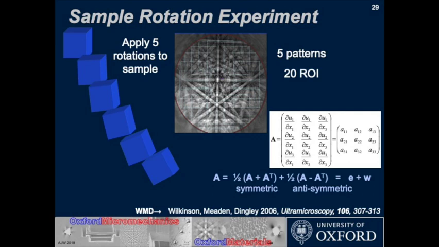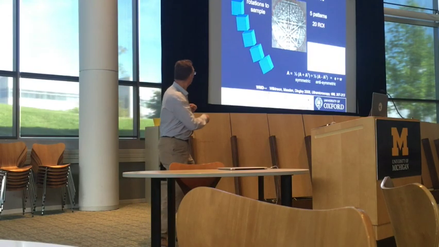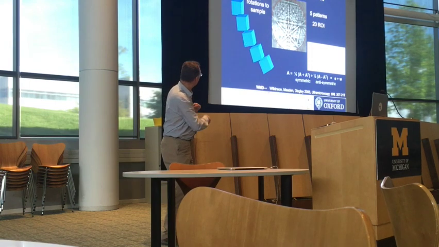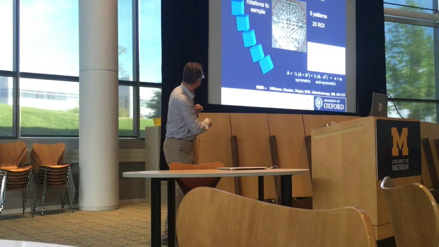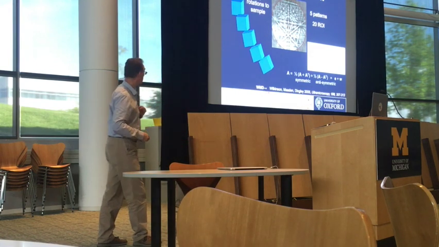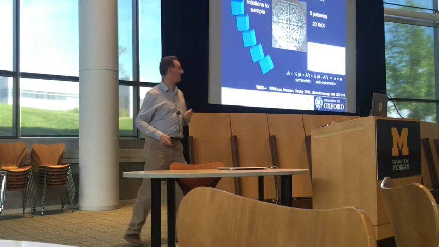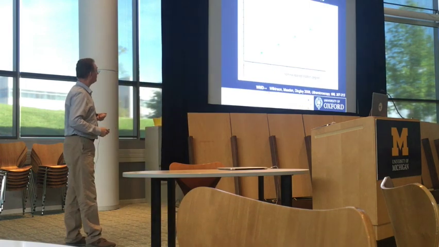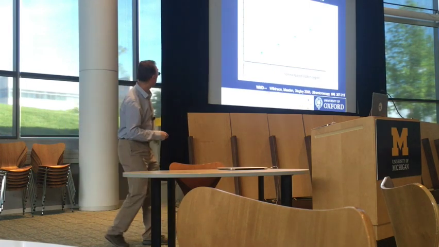I will apply small rotations that are on the limit, or possibly a little bit below the limit, in terms of the specification of the stage in the SEM. In here, I'm going to take 5 patterns in each of these cases. We make shift measurements of 20 regions of interest in this case, and work out what that strain tensor, rotation tensor is. And this is the result in here.